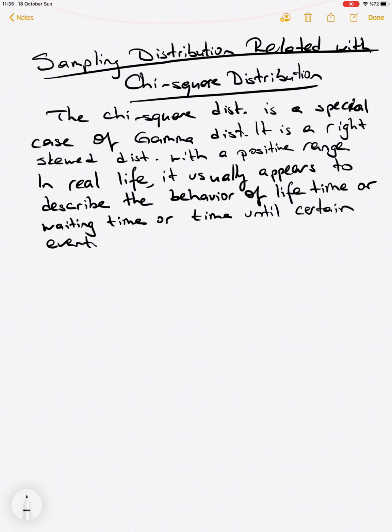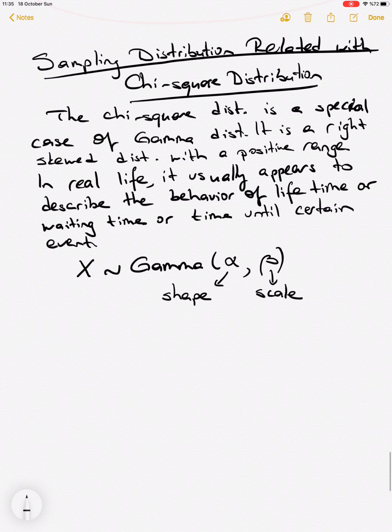I don't know which gamma type you use, but in the course I will use this gamma type. When X is distributed as gamma, the gamma distribution has two parameters, alpha and beta. The alpha parameter is related with the shape of the distribution, and beta is about the scale, the variability.